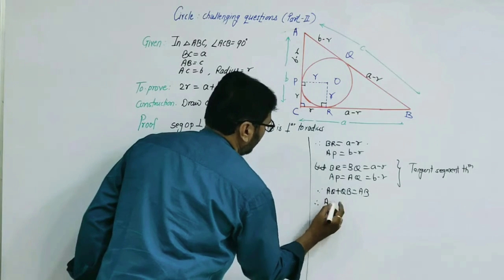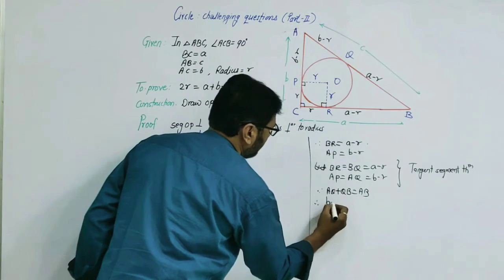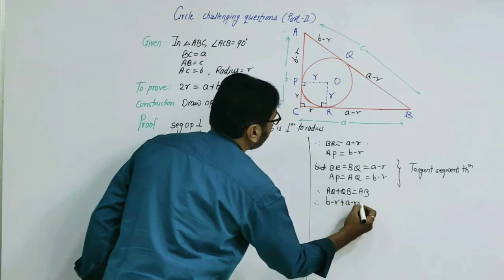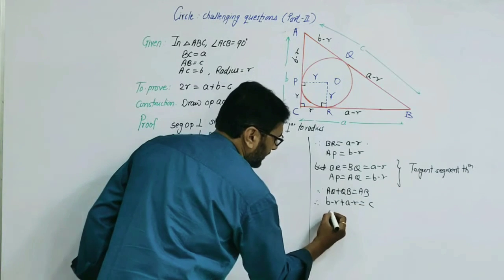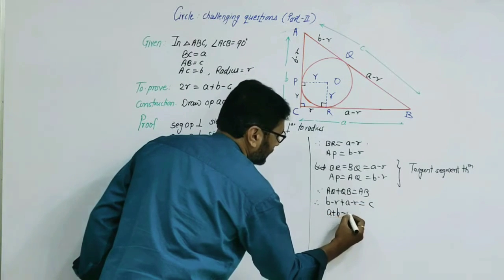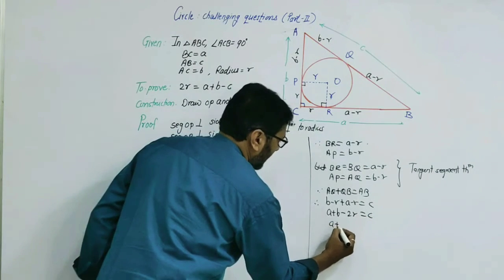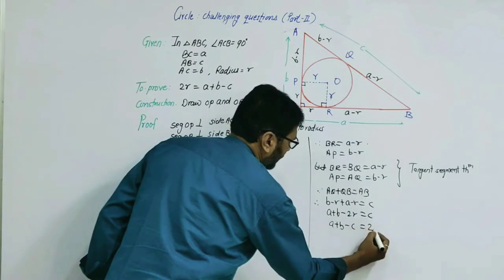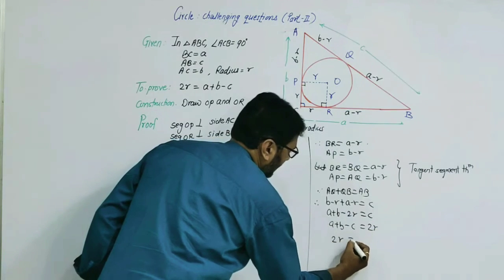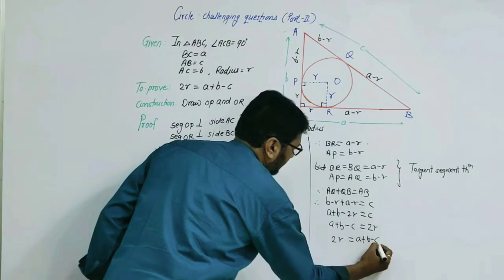Therefore, AQ plus QB is b minus R plus a minus R is equal to c. That is a plus b minus 2R is equal to c. a plus b minus c is equal to 2R, and 2R is equal to a plus b minus c.